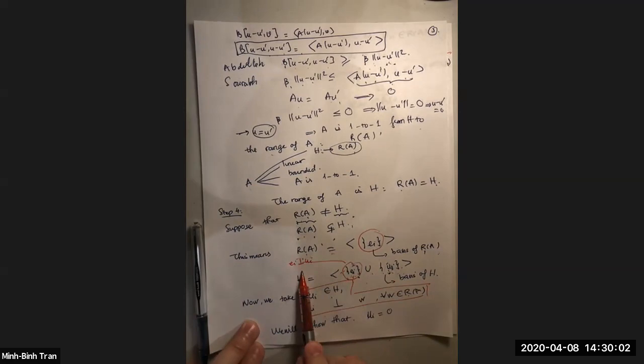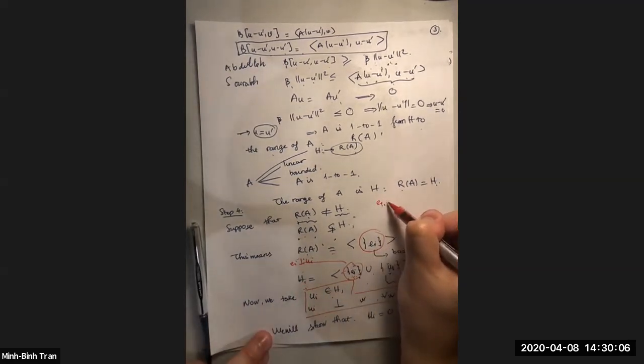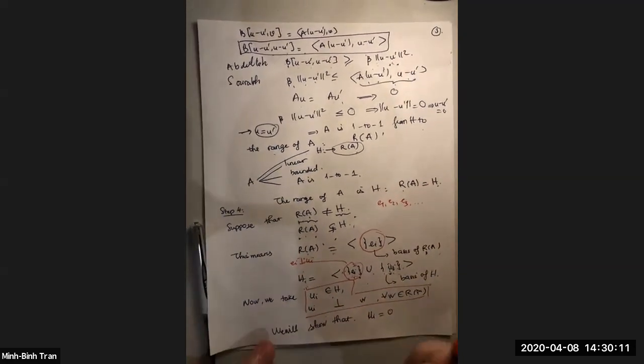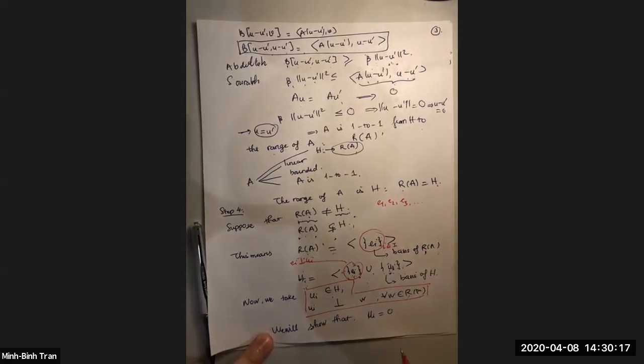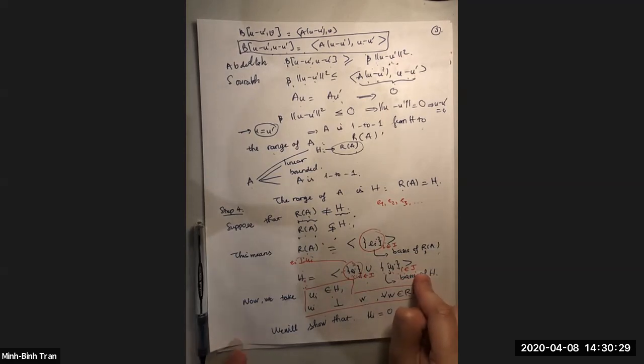Now, U_i is orthogonal to all of the E_i, right? So I'm saying E_i meaning that you have E_1, E_2, E_3, right? So this is not one vector. This is a set of vectors. So this i is from a subset of the index, and this i is going to be in a different set of indices, right?